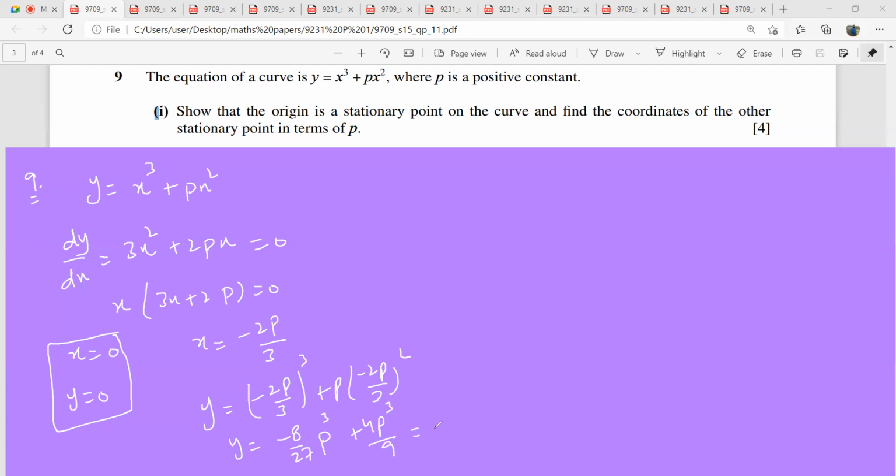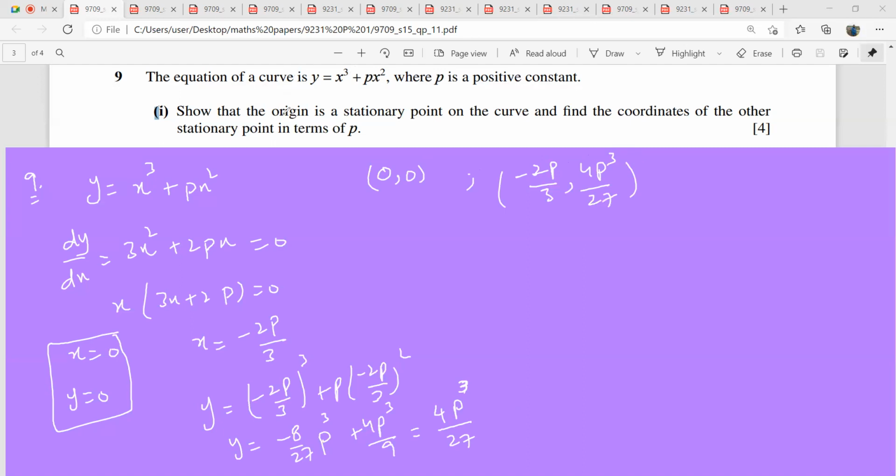Your LCM is 27, so minus 8 plus 12 is 4p cube over 27. So we have these two stationary points: one is 0, 0, the other is minus 2p over 3 comma 4p cube over 27.